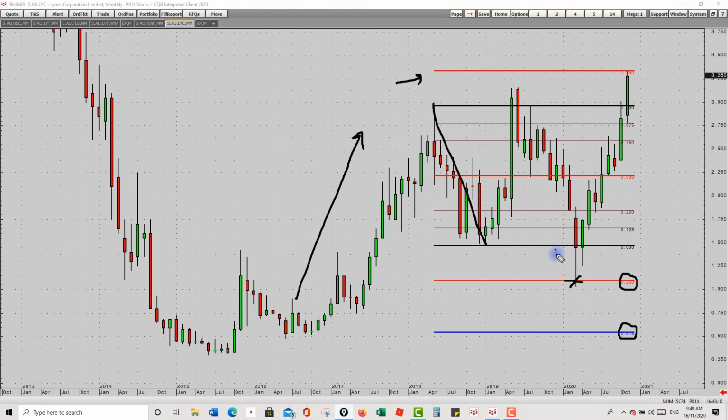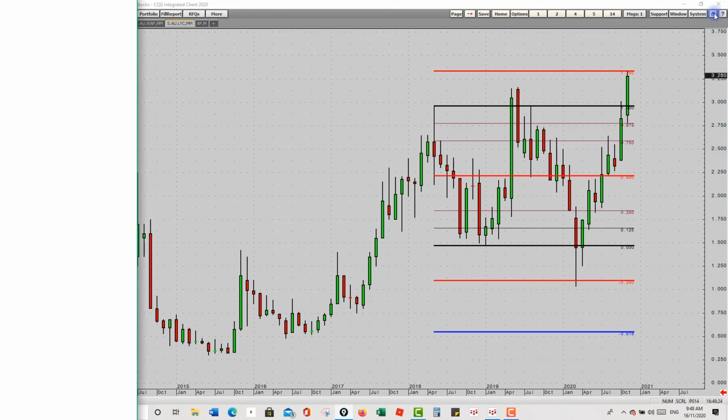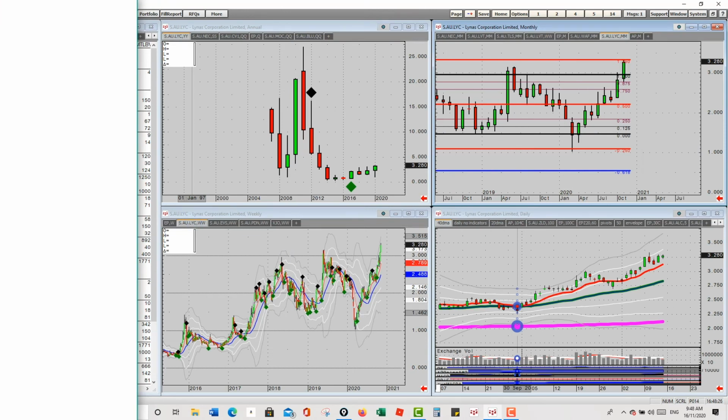So lots of stoppies have gone off, and then the buying has stepped in. So using these ideas, even though they may sound simple, once you start to understand the process, you can start to see really powerful entry points.